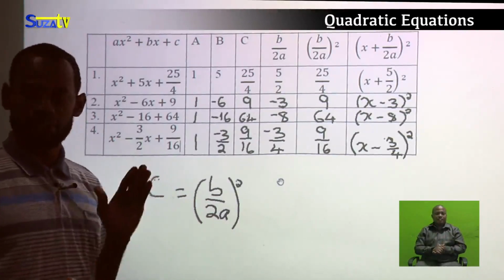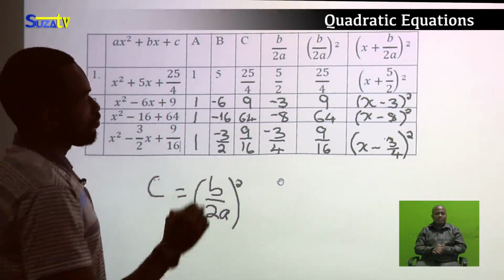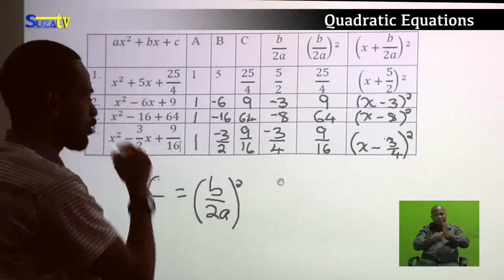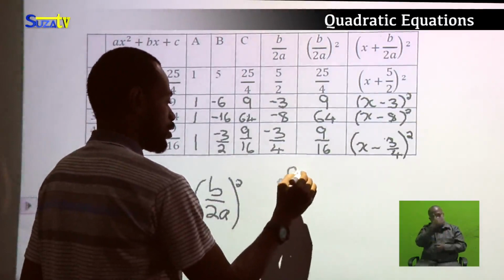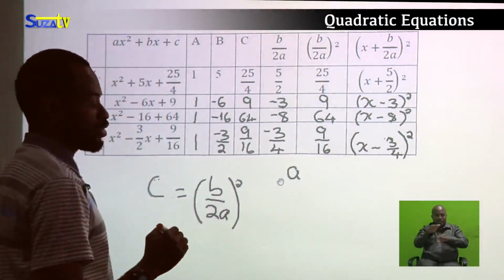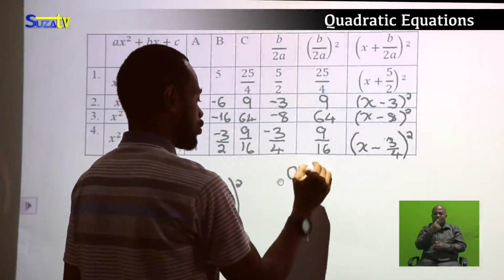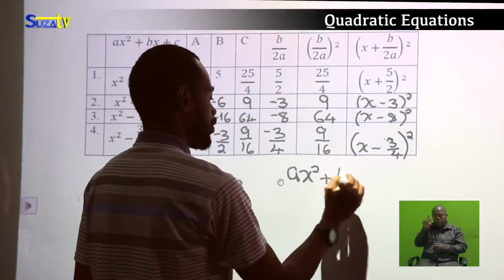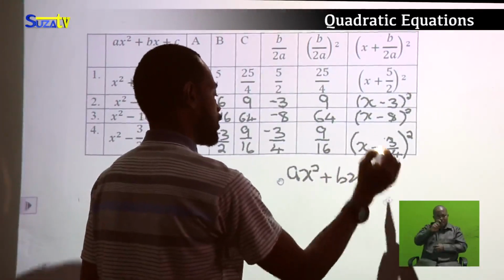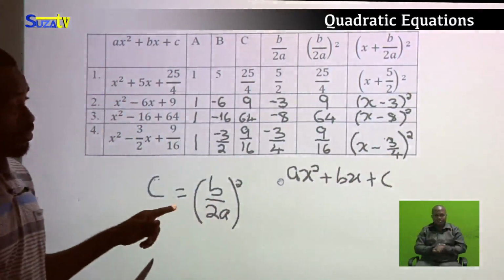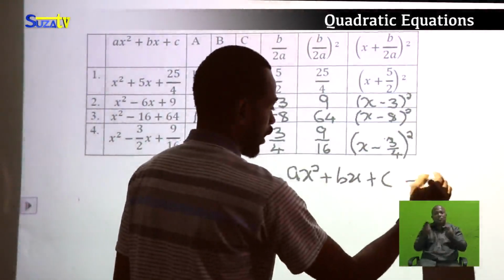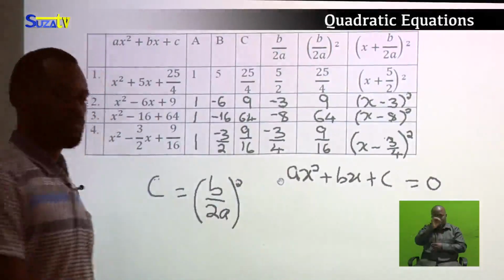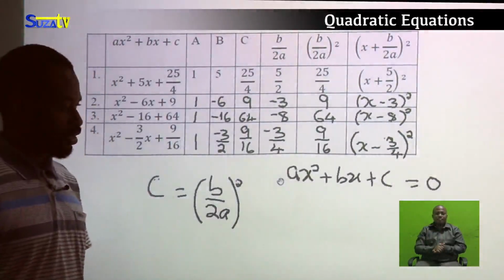For example, let us take the first expression there, which is the general expression of a quadratic equation, ax squared plus bx plus c. And let's say this is equal to 0.